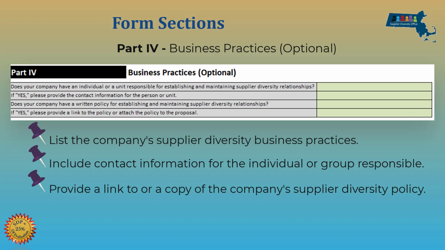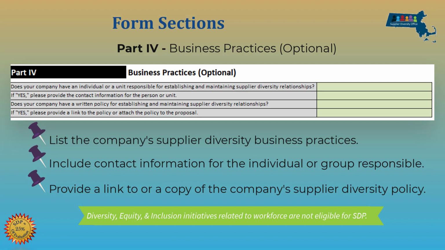Please note, diversity and inclusion initiatives related to your company's workforce, including hiring, retention, promotion, etc., of diverse personnel, will not be evaluated. Now, this section is not required. However, by filling it in, your company can receive more evaluation points.